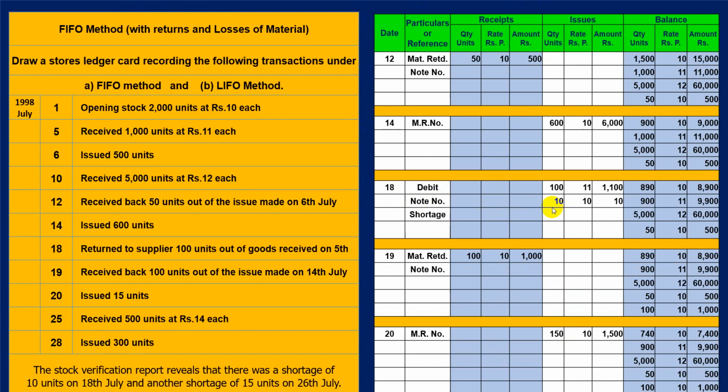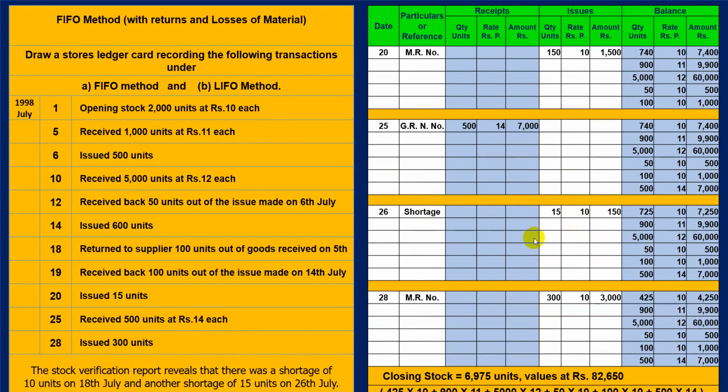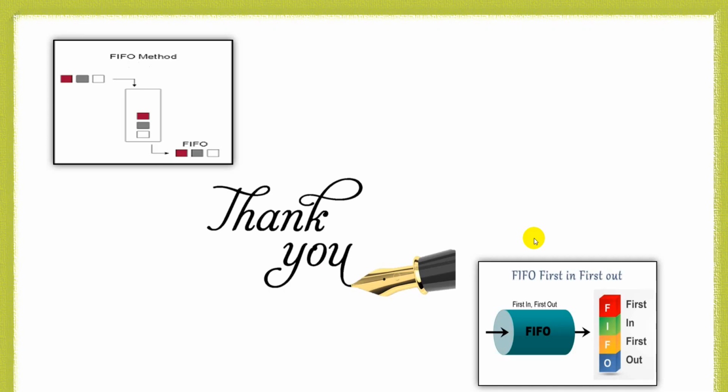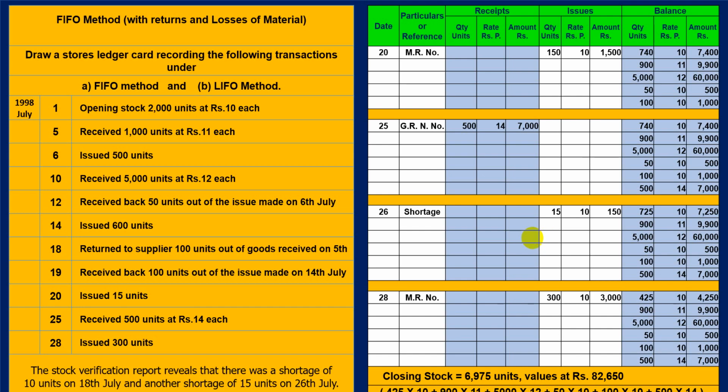With those 10 units, the same method is followed, 10 units at 10 rupees, and it comes to 100. Next, there is another shortage of 15 units on 26th July. So that balance is 15 units at 10 rupees, which comes to 150. This is how the sum goes as first in, first out.